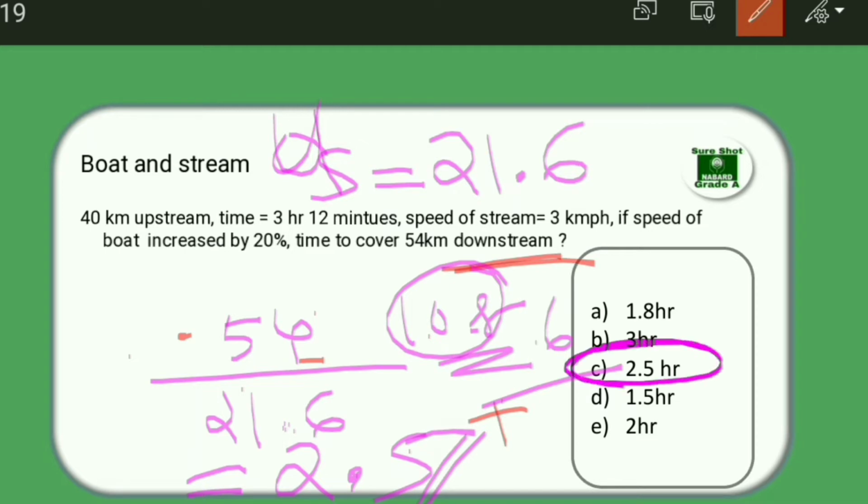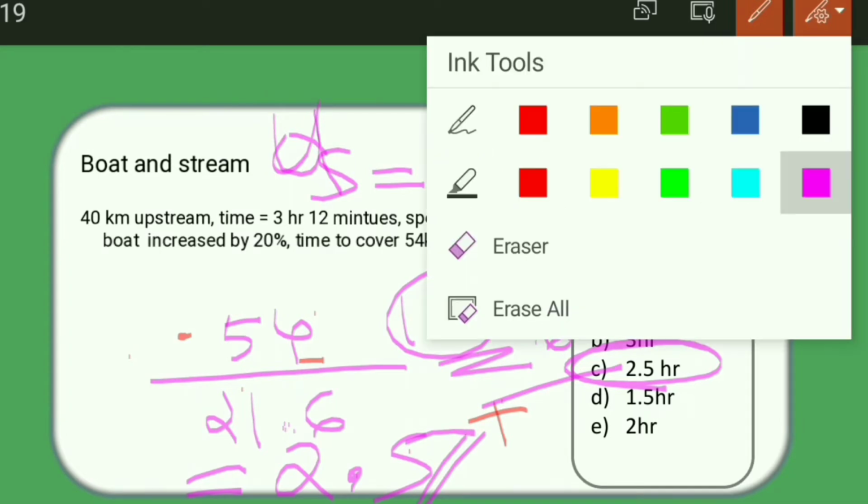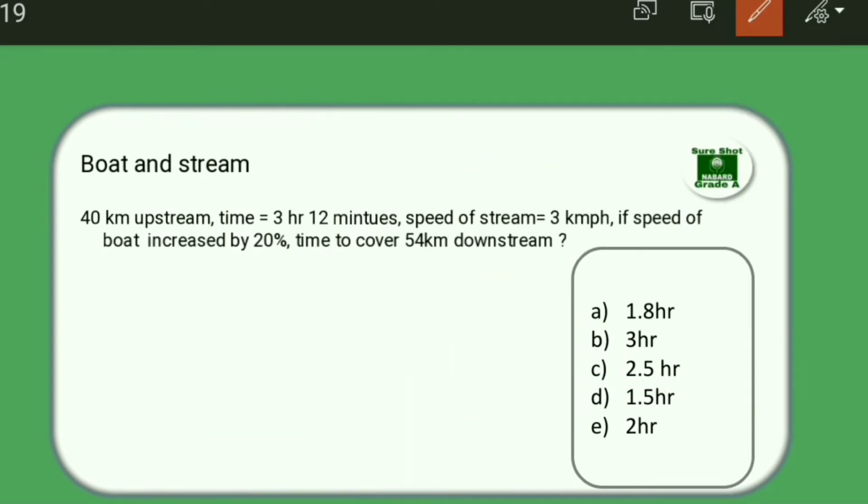The answer is 2.5 hours. Please excuse me for the bad handwriting and constant erasing. I am doing this on my smartphone, so it's a little difficult to write.